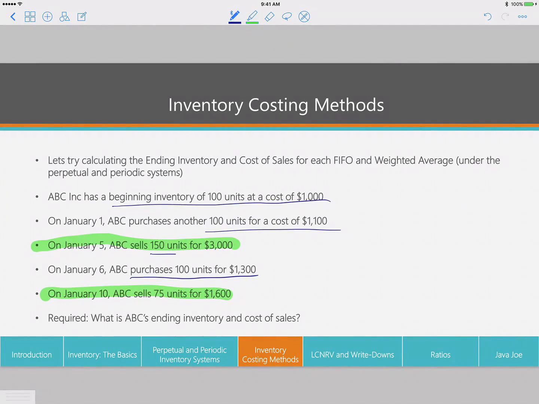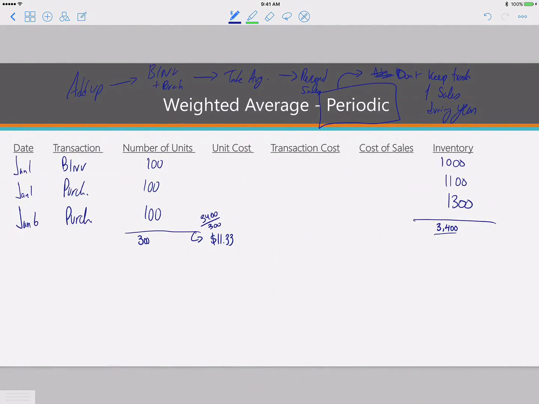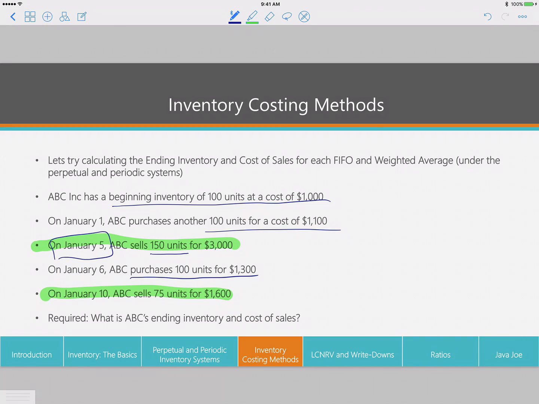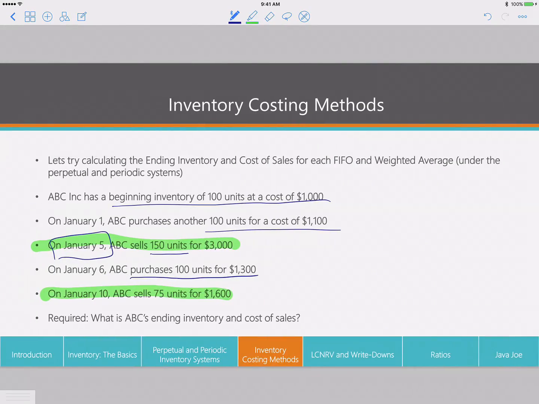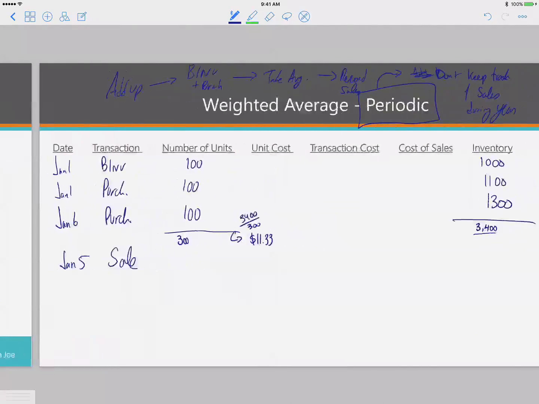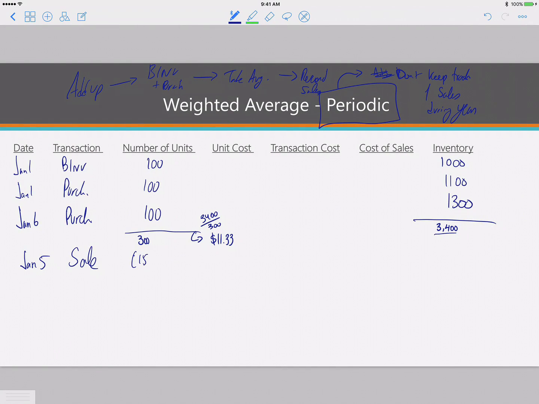So our first sale was 150 units, and that was on January 5th. So January 5th, we have a sale, and we also have a sale on January 10th of 75 units. So we can just multiply each of these by 1133 to figure out our transaction cost.